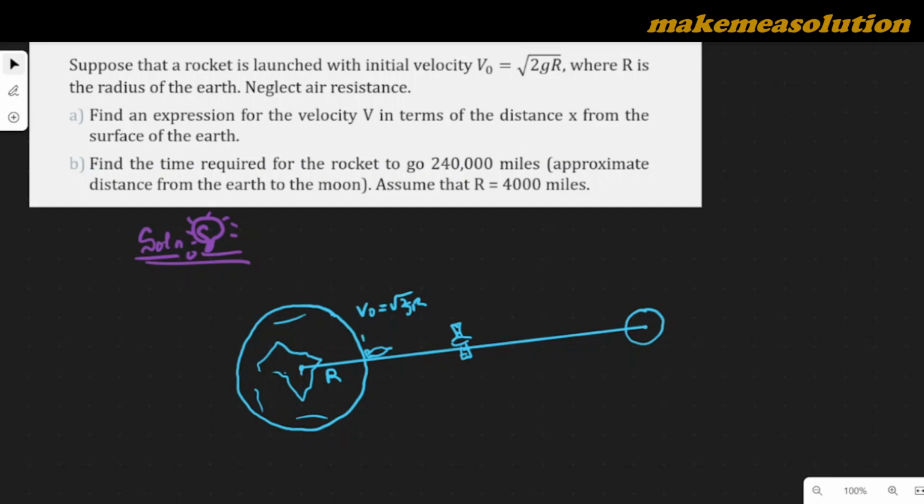This is the surface of the earth; we draw a horizontal or tangential line to this point. This is the takeoff point of the rocket, and this is its trajectory until it may get to the moon in the future. We want the equation that describes the velocity in terms of the distance of this rocket and satellite from the surface of the earth.